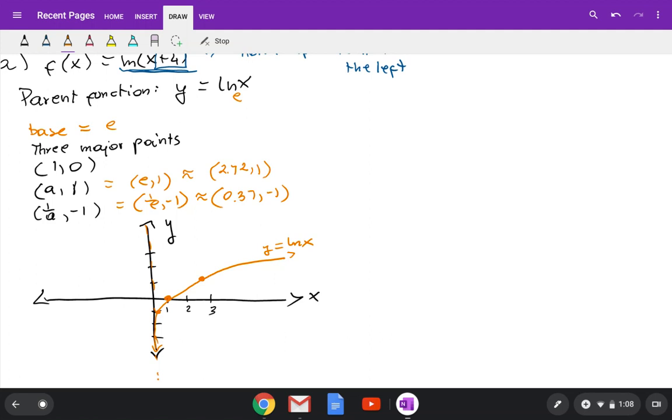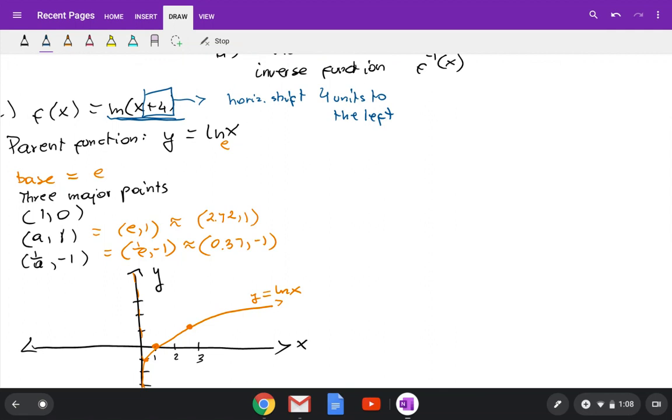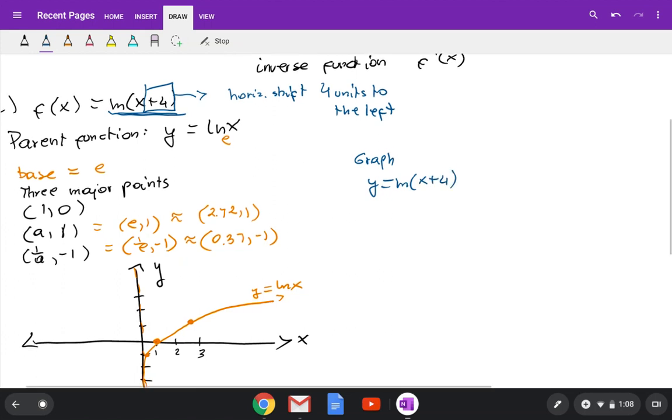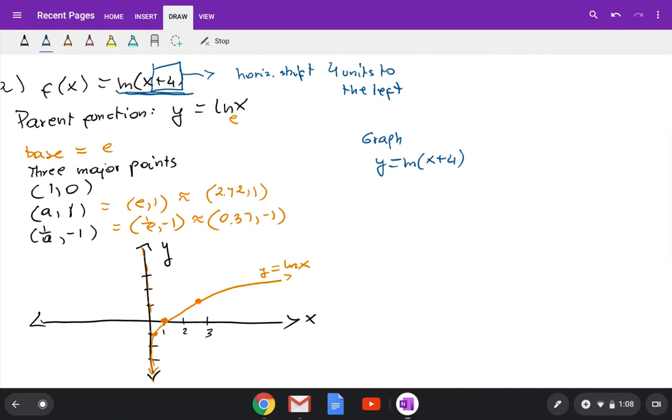Okay, so I'm going to use the same graph. Now we're going to graph y equals ln of x plus 4. I'm going to push each point 4 units to the left, which means if you had originally the point 1 comma 0, now you take your original x coordinate and subtract 4.